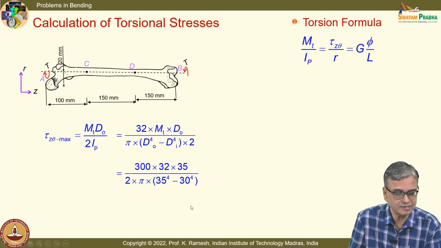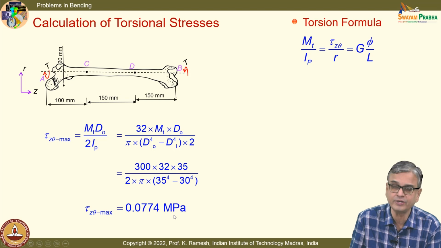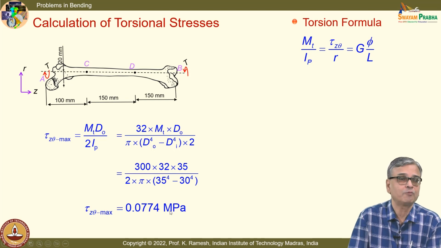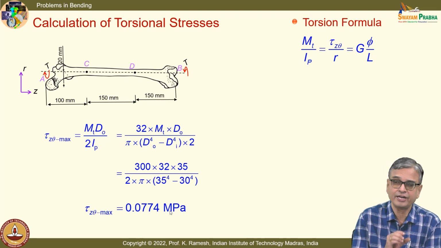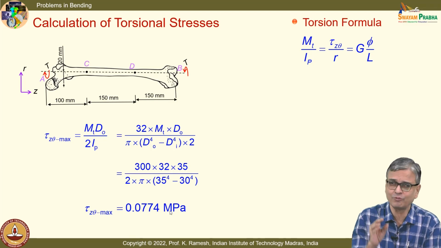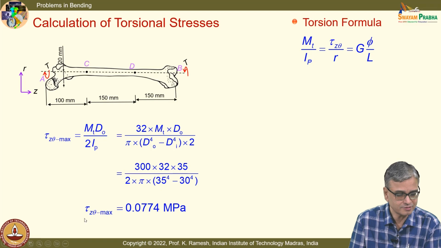So, when I have this, the number comes to be like this, tau z theta max equal to 0.0774 MPa. I have always emphasized that do not look at the components, you try to express this as a stress tensor, and I want to do it in 2 dimension. Okay. I have tau z theta.